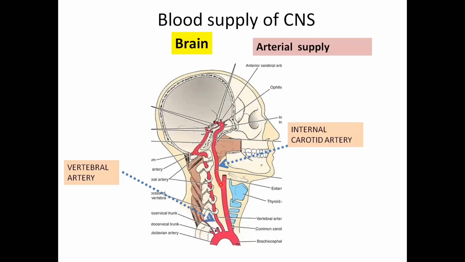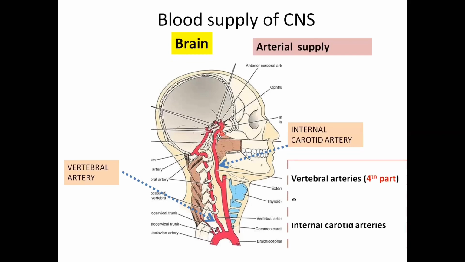After its origin in the neck, it ascends up the posterior part of the neck. It enters the carotid canal, which is seen in the inferior surface of the petrous part of the temporal bone. It passes through the carotid canal. The upper opening of the carotid canal is in relation to the posterior margin of the foramen lacerum of the middle cranial fossa.